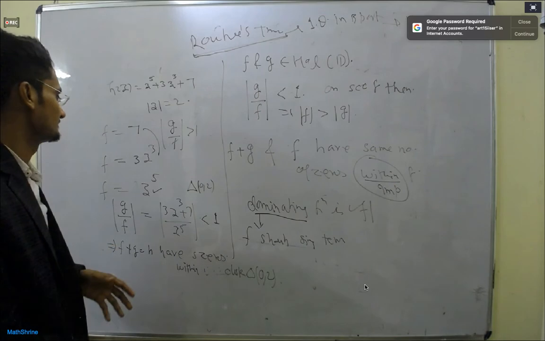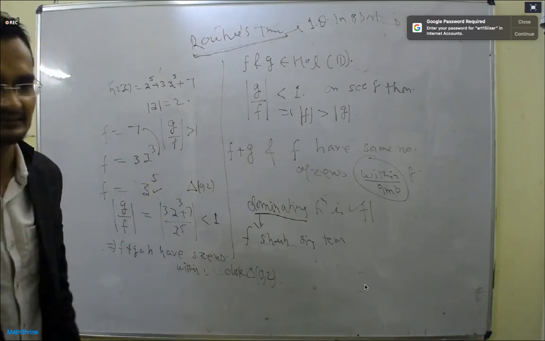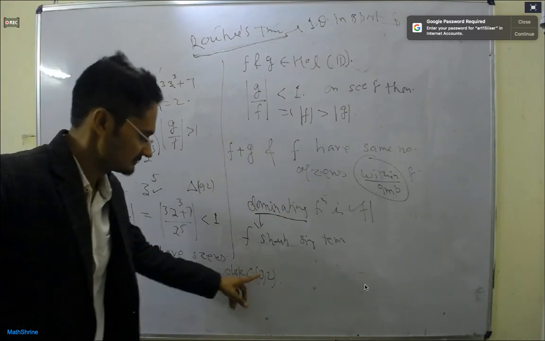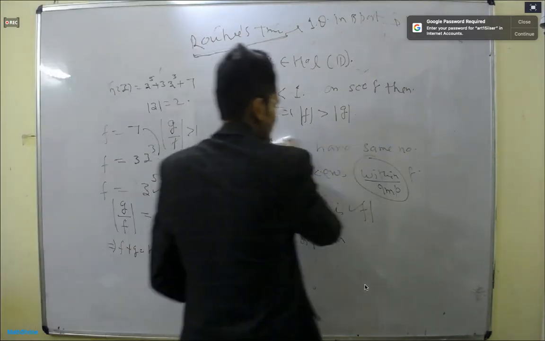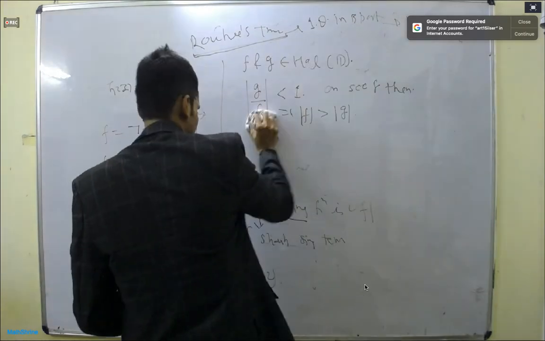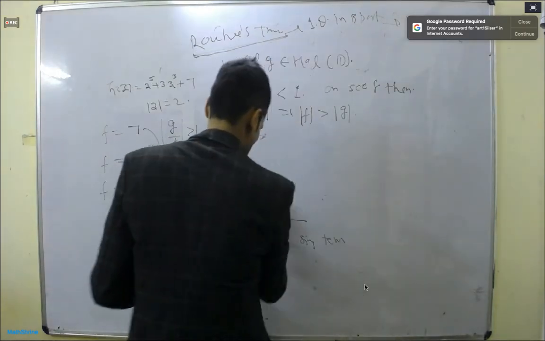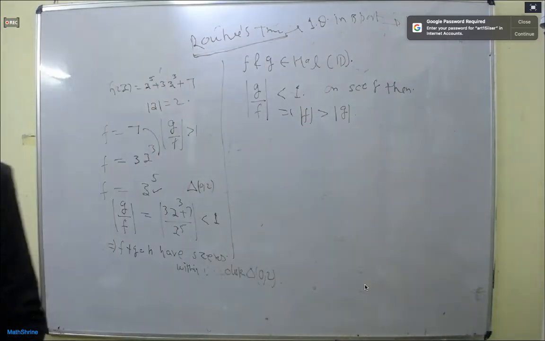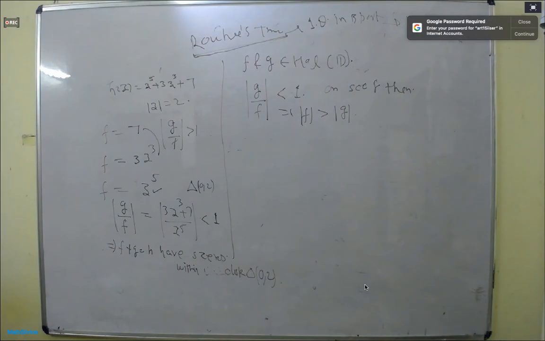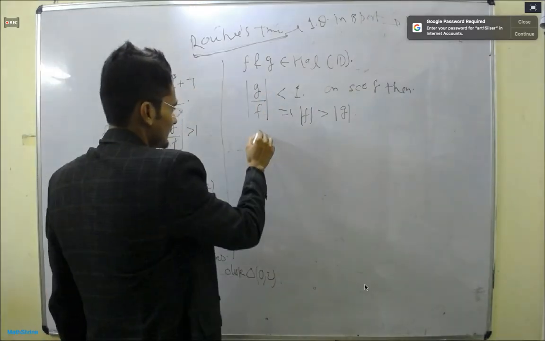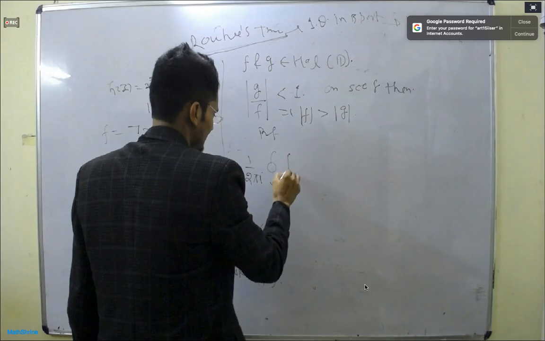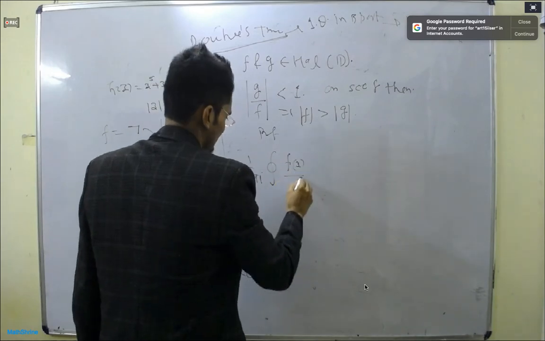If somebody wants to look at the proof of this, I will give you a hint. Use this result: 1 over 2 pi i, the integral of f dash z over f z dz.